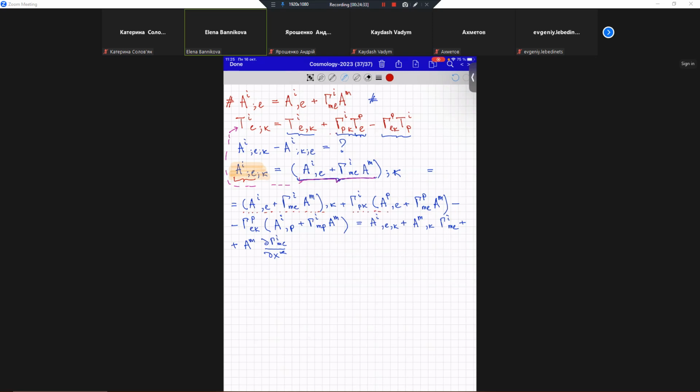Now we will consider this one. Just need to open parentheses. So we will have plus gamma I P K A_P L plus gamma I P K gamma P M L A_M.